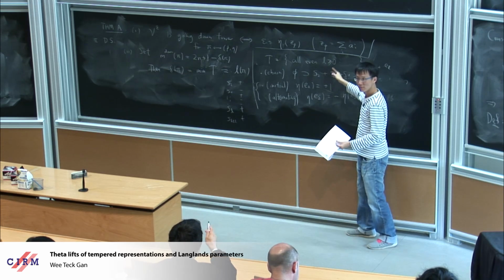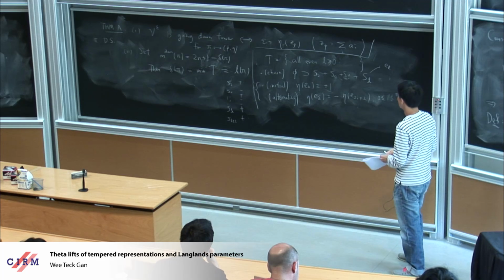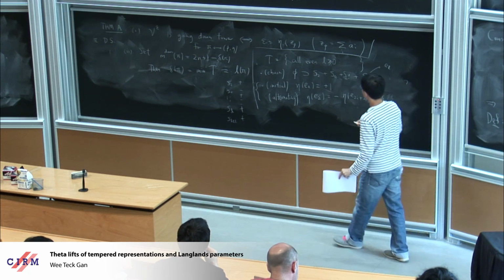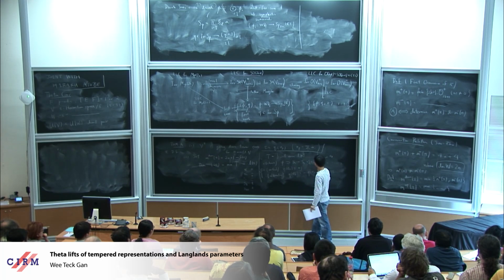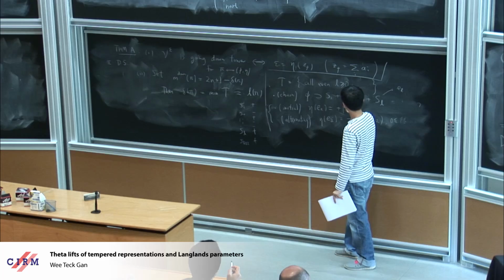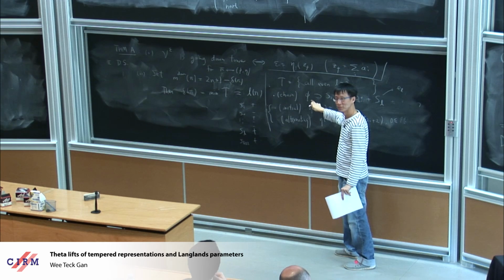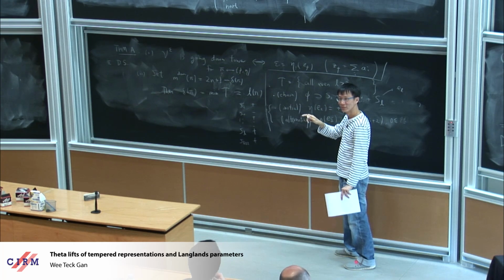So do you mean this is contained in S phi? Which is contained in S phi? Oh, you mean this? No, this is a representation of SL2. Sorry, phi is a representation of the Weil-Deligne group.